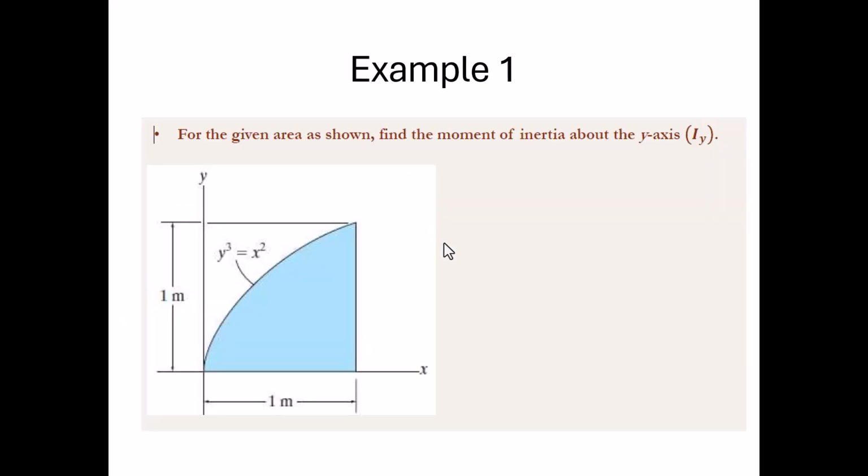So let's see an example. You are given an area, find the moment of inertia about the y-axis. Okay. So you are given this equation. You need to find the Iy.